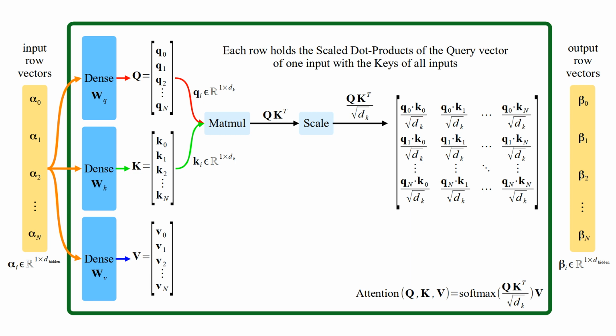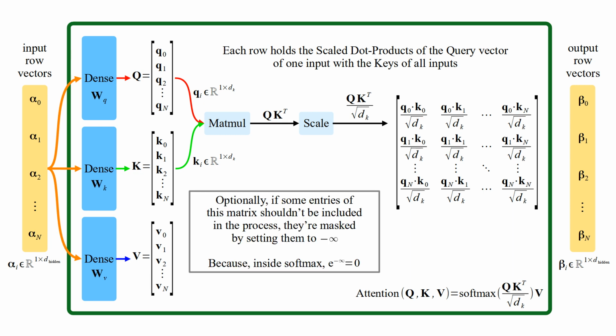Each row holds the scaled dot products of the query vector of one input with the keys of all inputs. Optionally, if some entries of this matrix shouldn't be included in the process, they are masked by setting them to negative infinity, because inside softmax, e to the power negative infinity is 0.